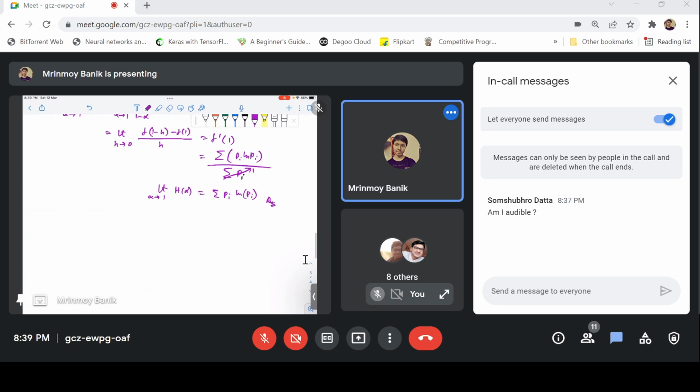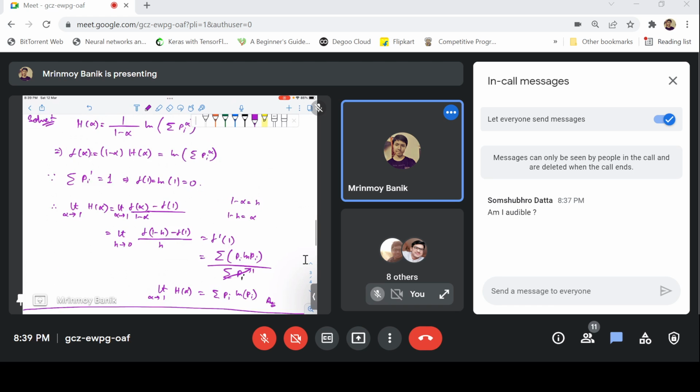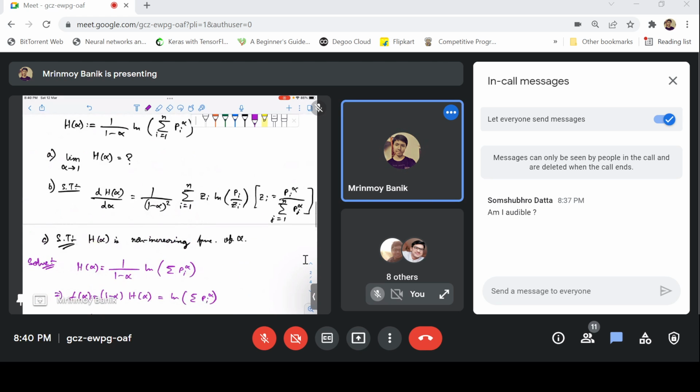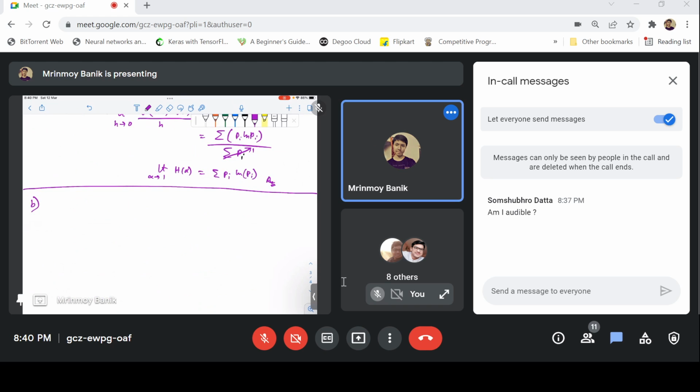So now the next one. So dh by d alpha, we have to show this. Okay, so if we try to differentiate this equation, 1 minus alpha h alpha.